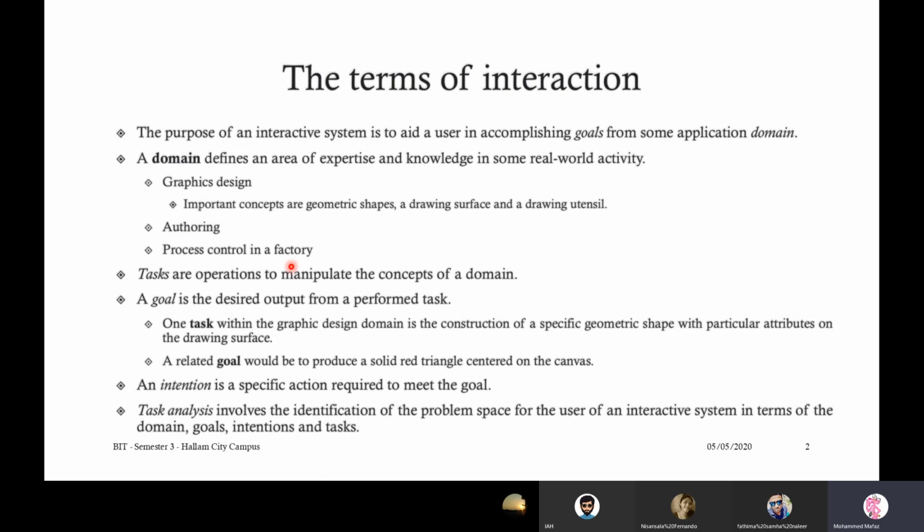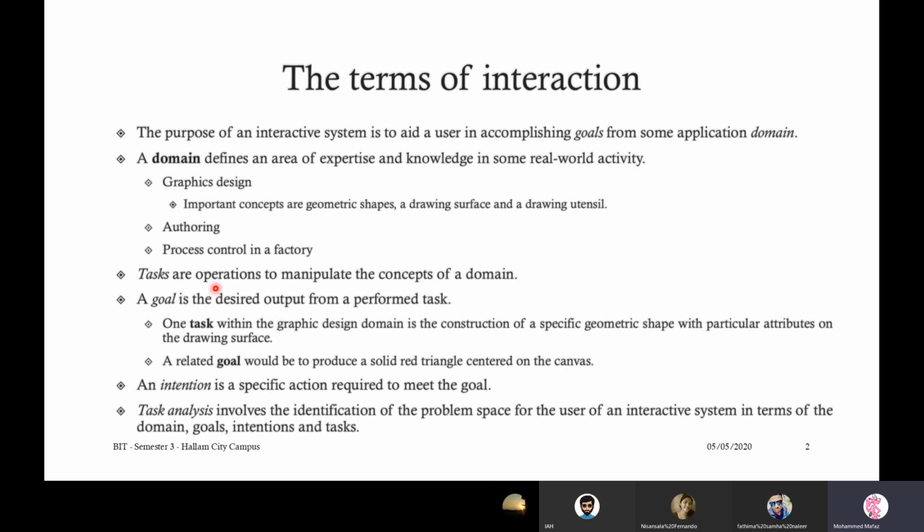So you have to have an understanding about what kind of operations on the factory side is going to happen when you are going to interact with the system. So domain means knowledge about some real world activity. Okay, so that is domain. So basically, user is trying to accomplish certain goals in a particular domain.